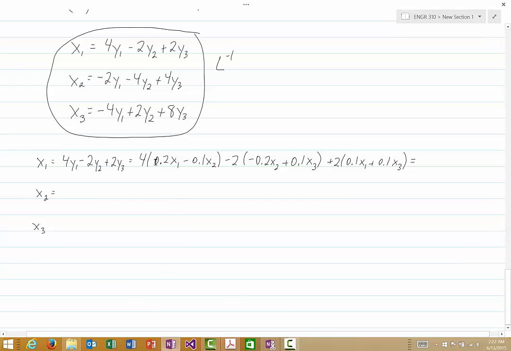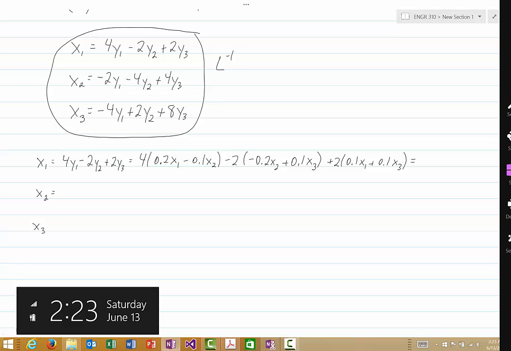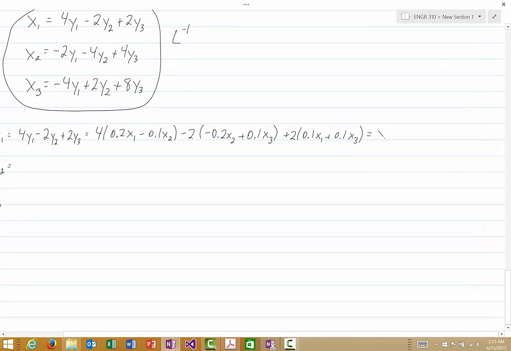Okay, we're going to have 0.8x1 here, and we don't get any x1 there. And here we have 0.2x1, so we have 0.8x1 and 0.2x1, so we get x1. What about x2?